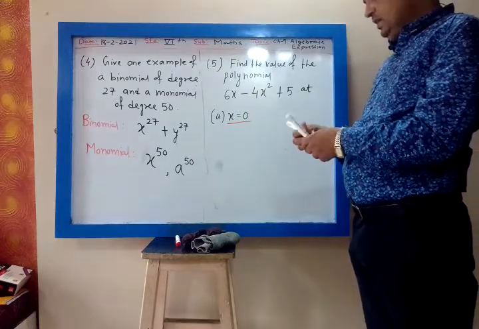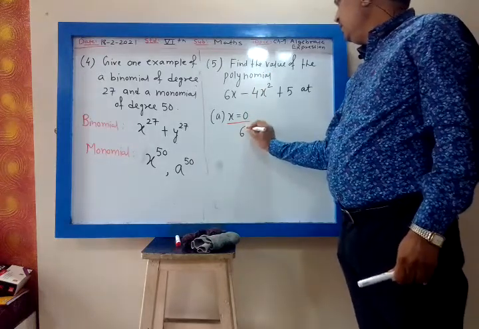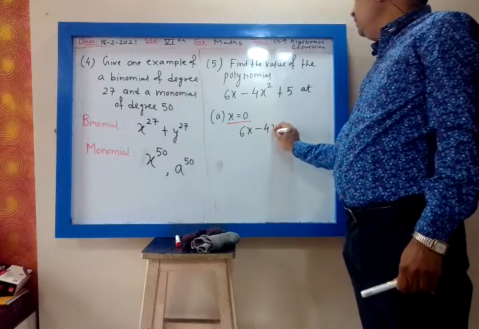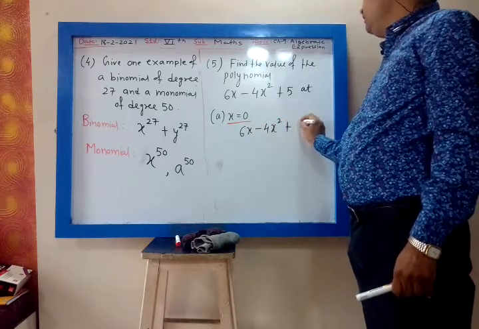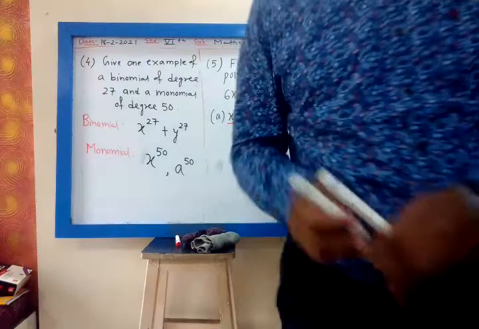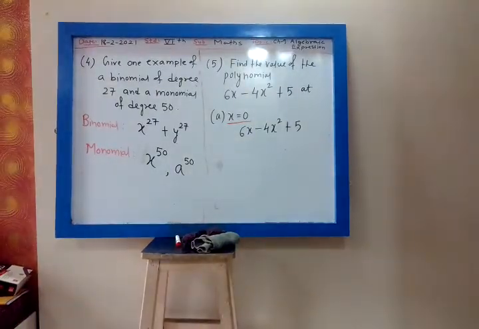So my polynomial is 6x minus 4x square plus 5. It is very much clear, right?